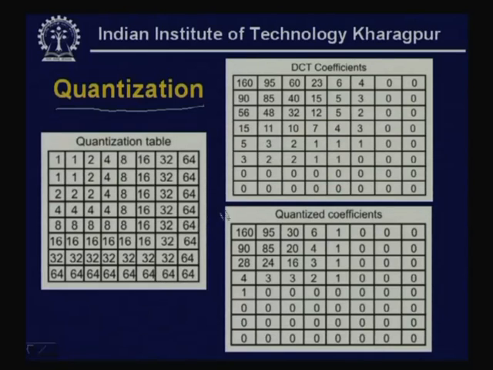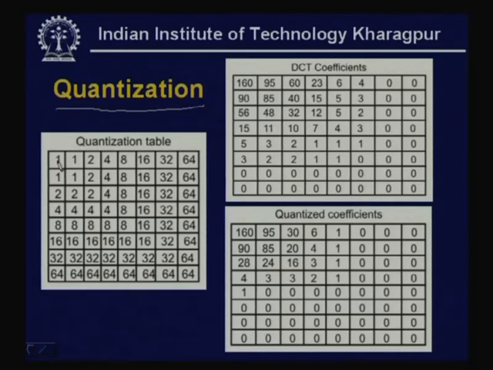However, the pixel components on this side, that means this corner, are not really that important. So, they are divided by different numbers, and then the fraction part is removed.